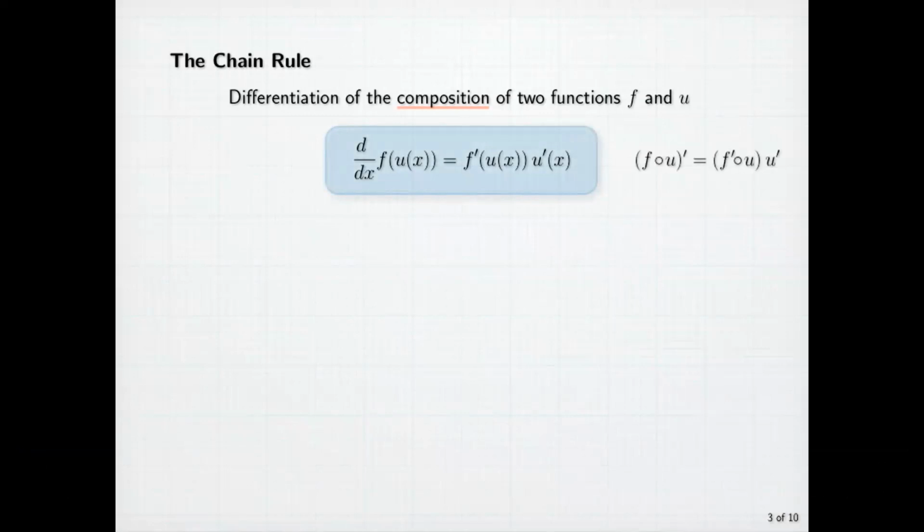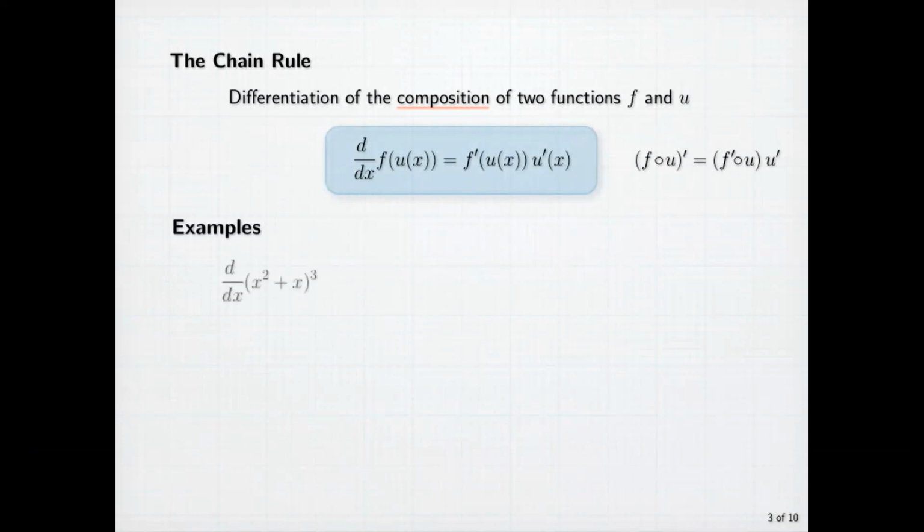Written in purely functional notation, the derivative of f composed with u equals f prime composed with u times u prime. Now, in viewing a composition such as f of u of x, we will think of f as the outside function and u as the inside function.